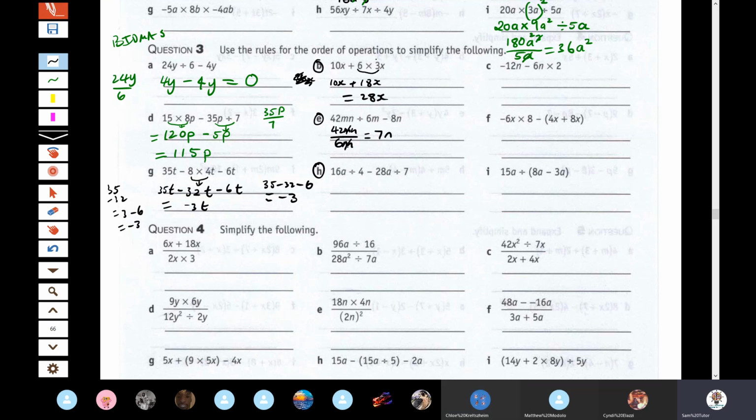Yep, the m's cancel out. 42 divided by 6 is 7, and you still have an n. Good job. And then you're left with 7n, take away 8n, equals negative n. Good job.